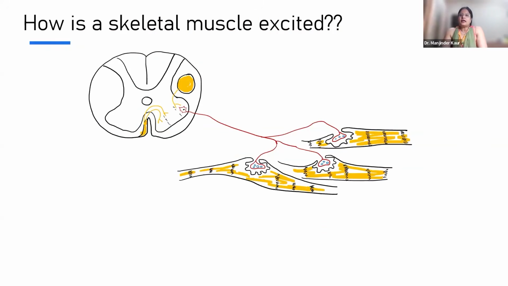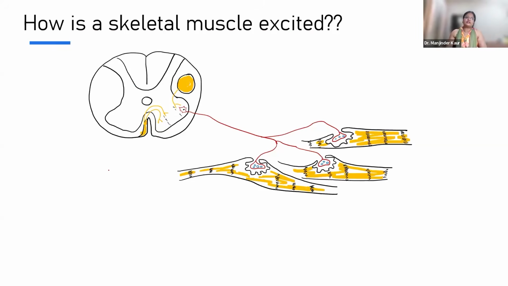To begin, I will start with a motor neuron. We all know that the muscle is innervated by the motor neuron. Muscle does not contract on its own; it contracts only when it is stimulated by the innervating neuron.